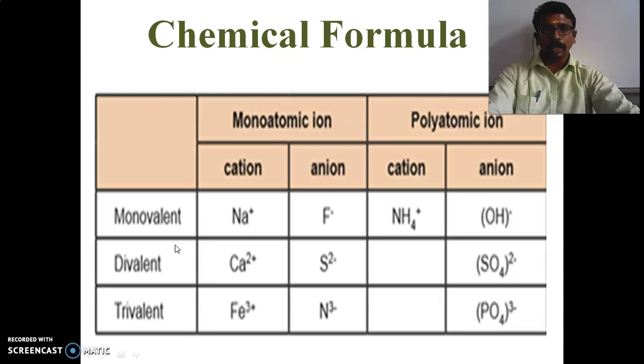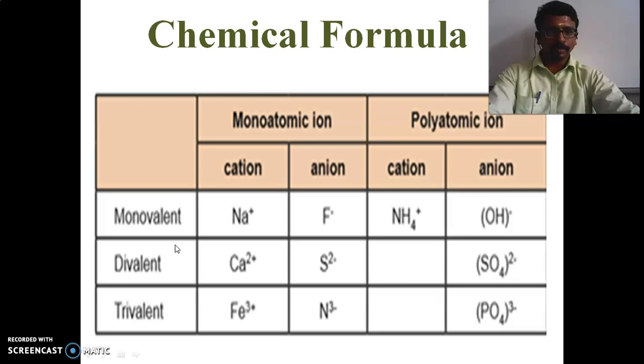Take hydrogen. What is the atomic number for hydrogen? 1. So in hydrogen only one electron is there. That electron will be in the outermost shell, so the hydrogen valency will be 1. Now take sodium.